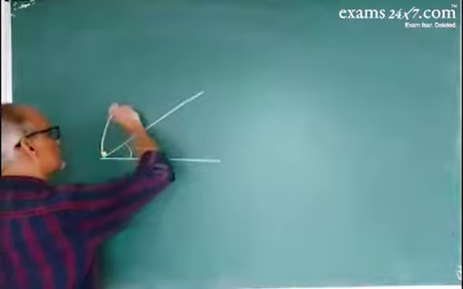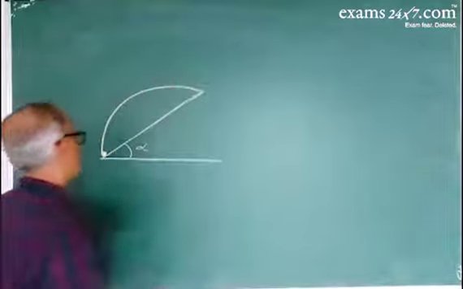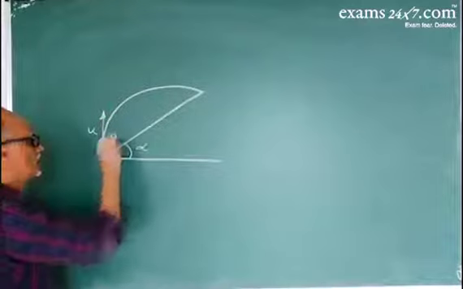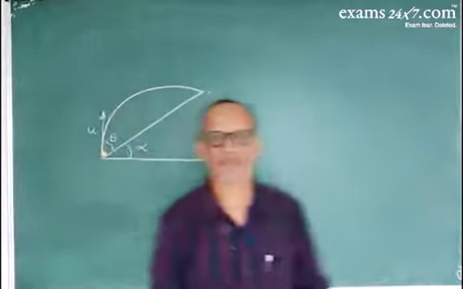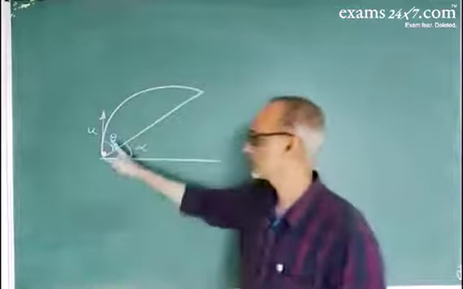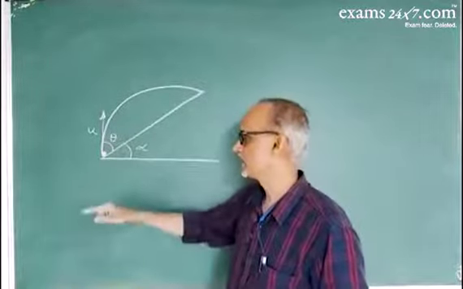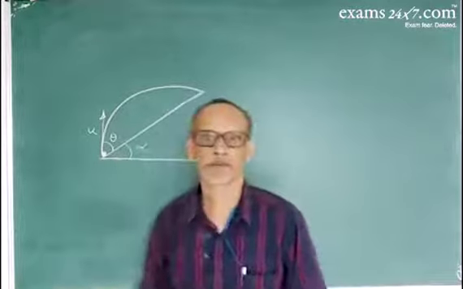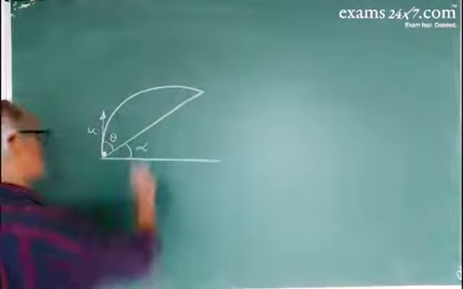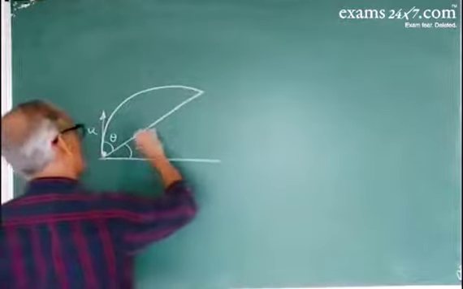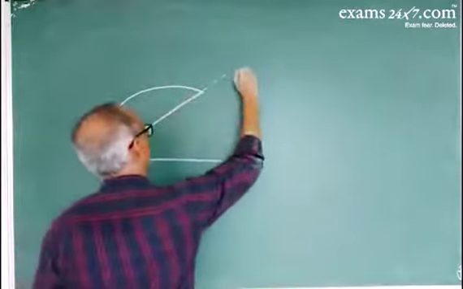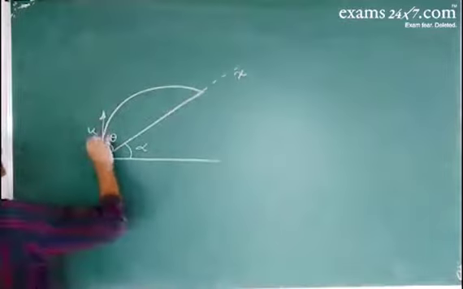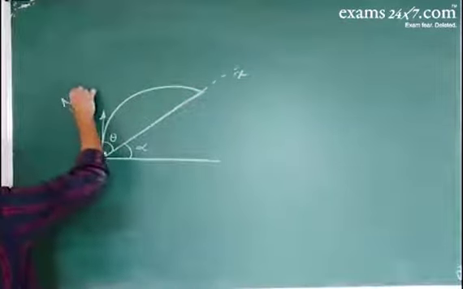This is the trajectory of the projectile, and the velocity u makes an angle theta with respect to the inclined plane. So here theta is with respect to the inclined plane, and the total angle with respect to the ground is theta plus alpha. To understand this, consider the inclined plane as the x-axis, and this as the y-axis.